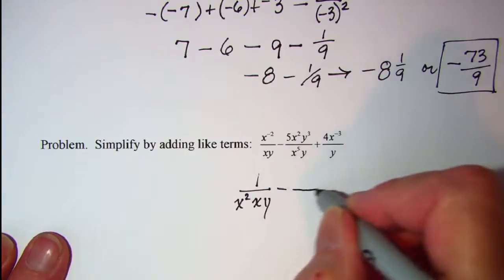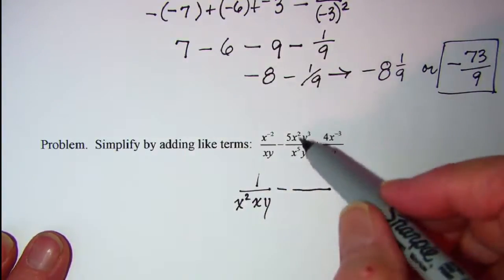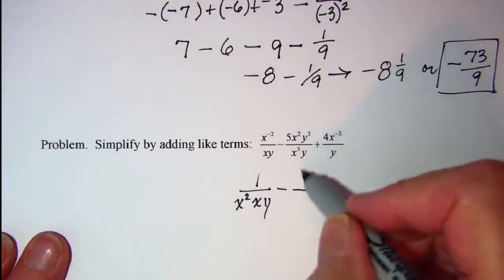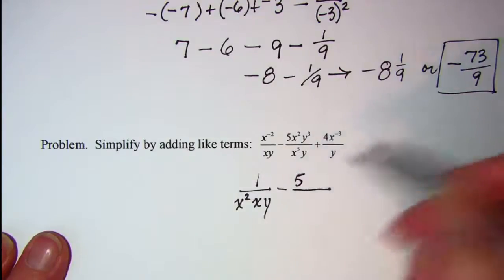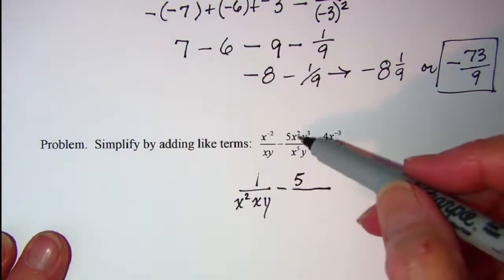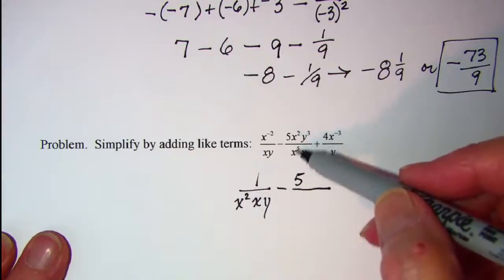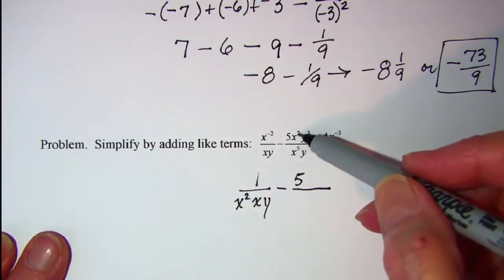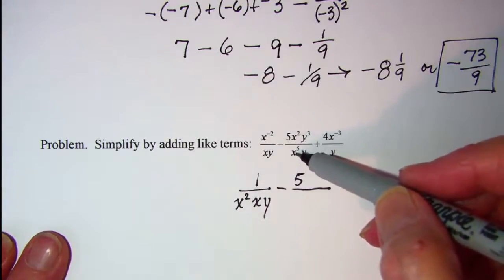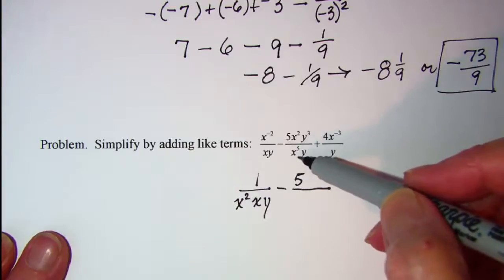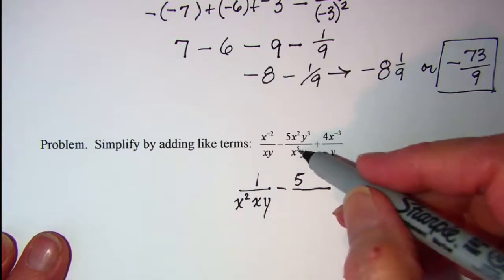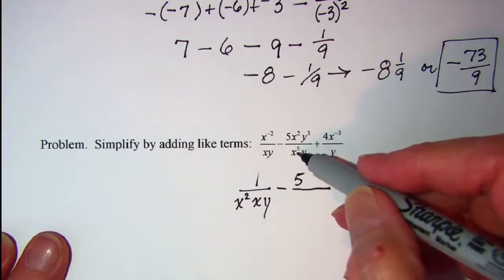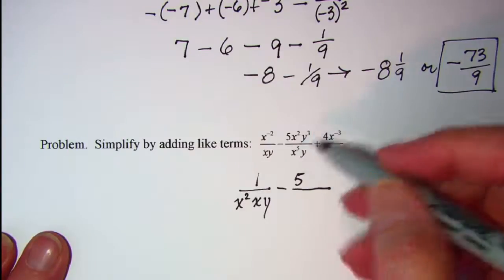minus. I have a 5 in the numerator here, and I'm going to think of this as canceling. I have two x factors in the numerator that can cancel two of the x factors in the denominator, and that'll leave me with 3 x factors in the denominator.